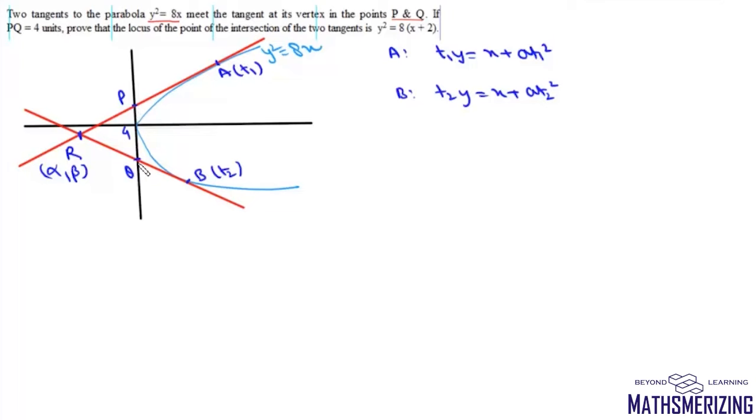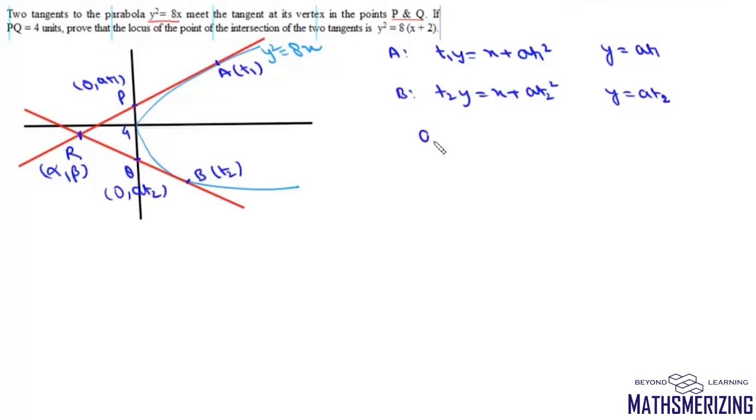We need to find these points P and Q. Now this point P lies on the y-axis, so I'll put x as 0. Then I'll get y as a t1, and for B, y equals a t2. So this point P is (0, a t1) and this point Q is (0, a t2). Now it is given that the distance between P and Q is 4.